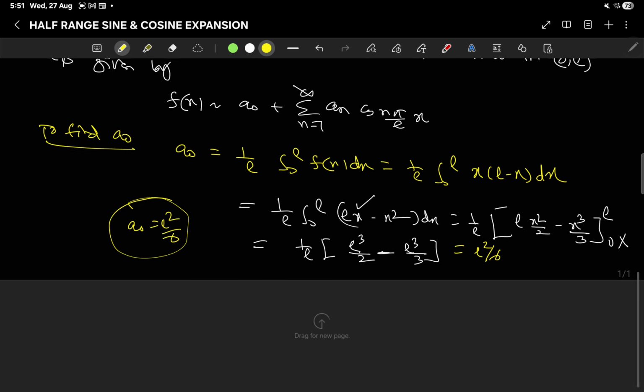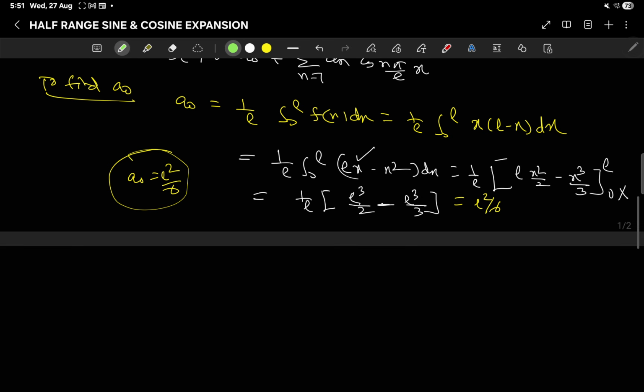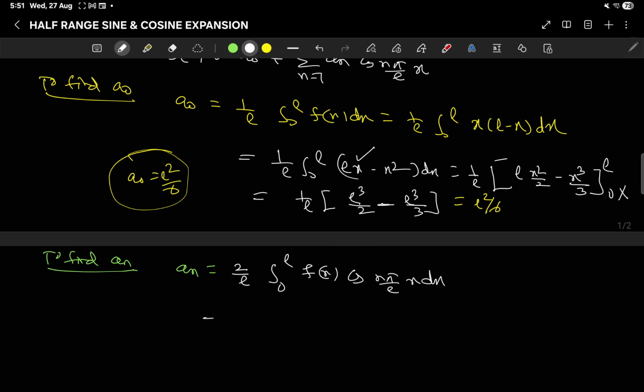Now likewise we find what is your a_n, right? To find a_n, here a_n is equal to 2 by L integral 0 to L f(x) cos(n pi x by L) dx. So this is equal to 2 by L integral 0 to L (Lx minus x square) cos(n pi x by L) dx.